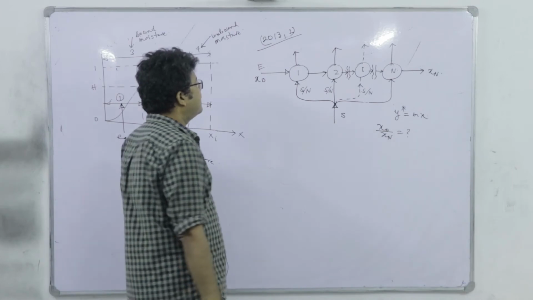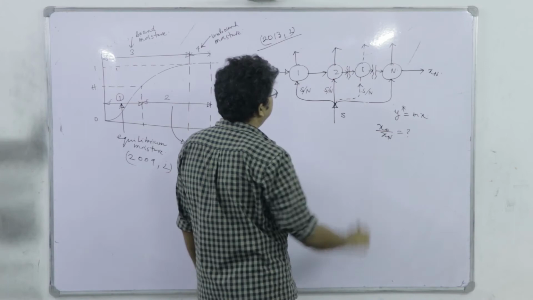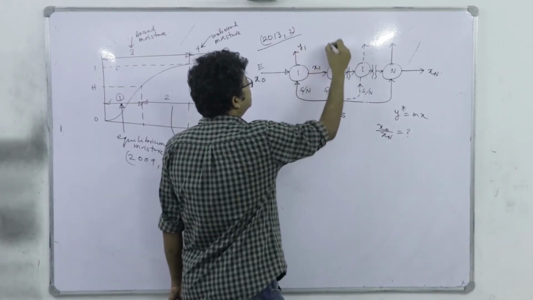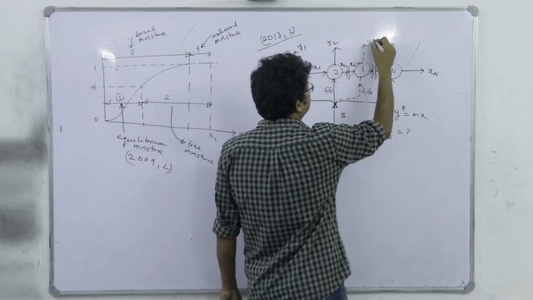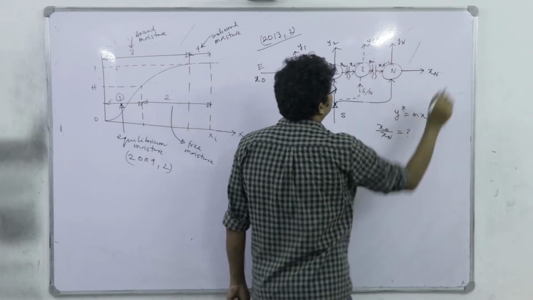Here this is x0, so obviously this is y1, this is x1, this is y2, this is x2, this is xi minus 1, yi, xi, this is xn minus 1, yn and xn.